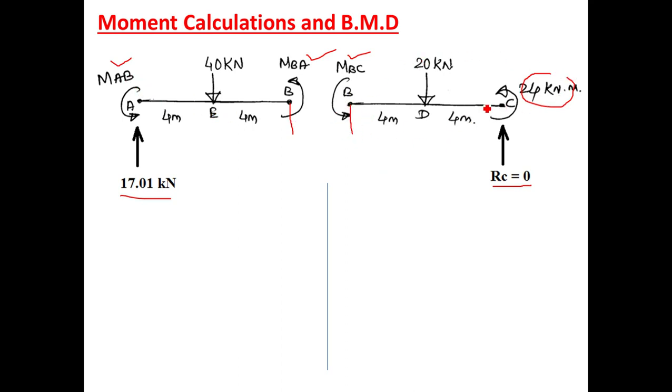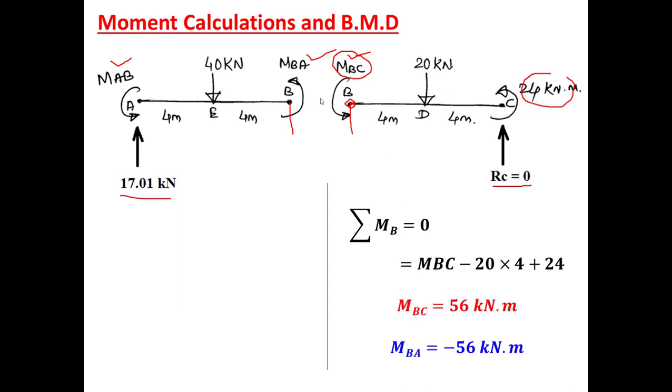Since in the second part, B to C, we have only one unknown, MBC, it is always better to start the calculation from the second part of the beam. So taking moment about point B in the second span, summation of moment about point B equal to 0. First is MBC, moment at B, anti-clockwise as assumed, so positive.